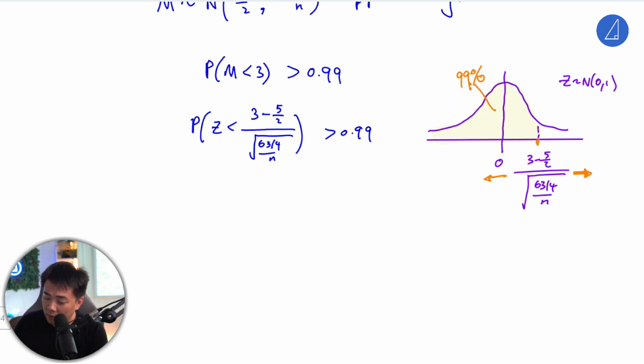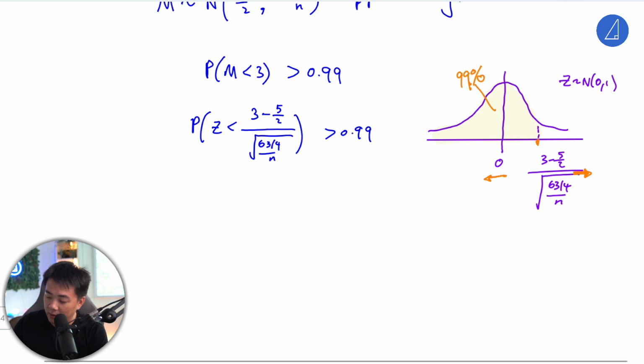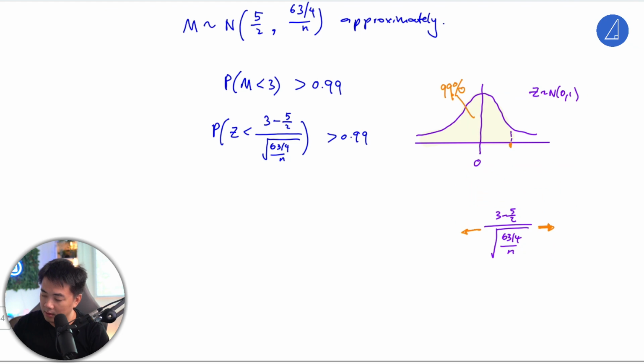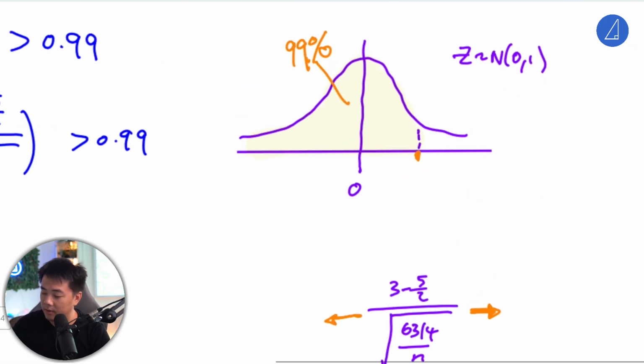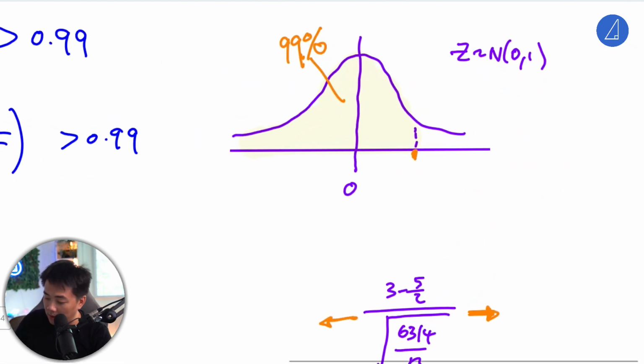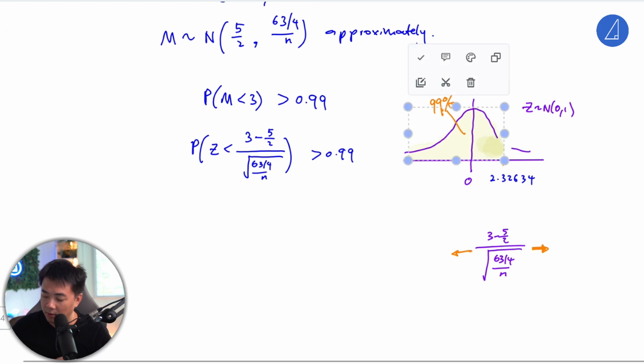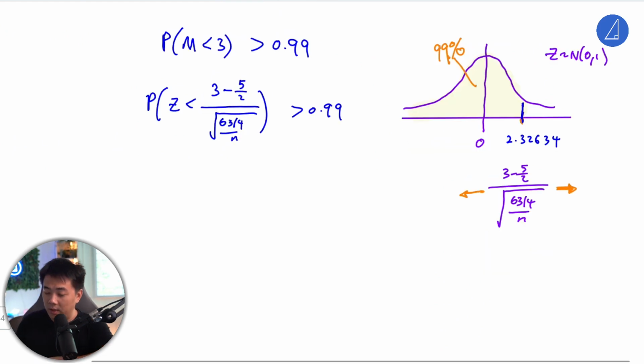You want more than 99% shaded on the left of this boundary. So for inverse norm, let me just draw this up. If it's exactly 99%, inverse norm gives 2.32634, and that is this boundary here. So this boundary has to move to the right side.